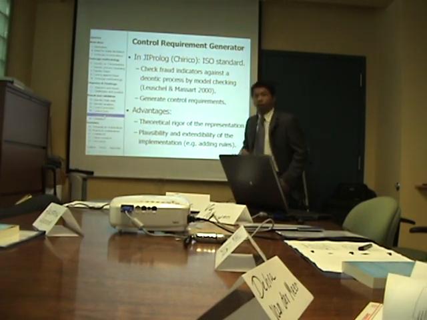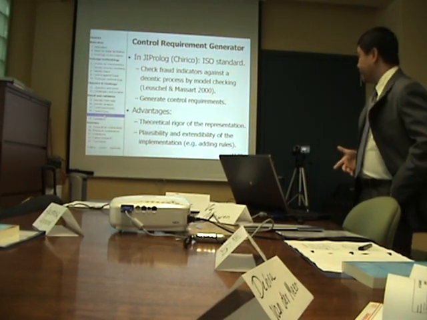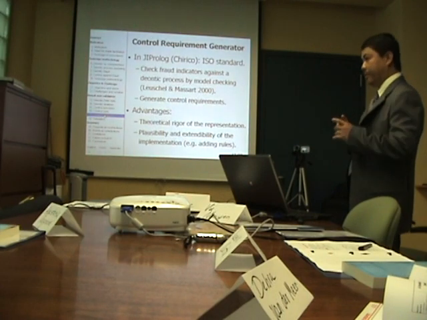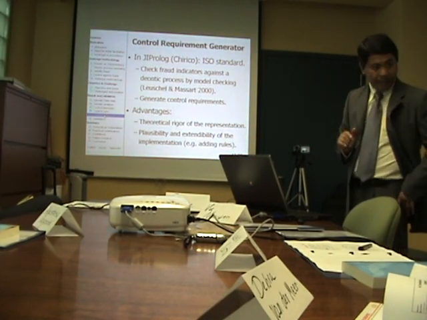The advantage of the approach compared to other approaches in the automatic analysis of control is that I try to maintain the theoretical rigor of the representation and the plausibility and extensibility of the implementation.